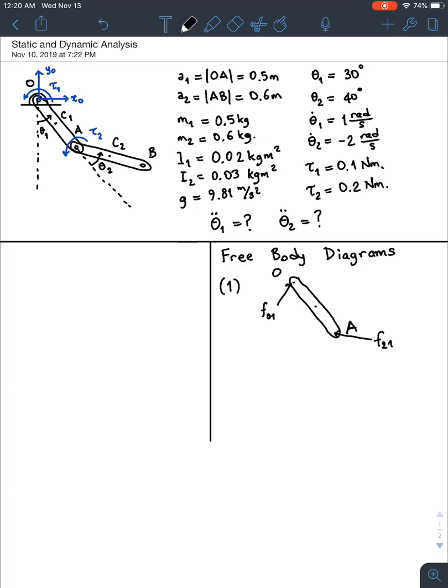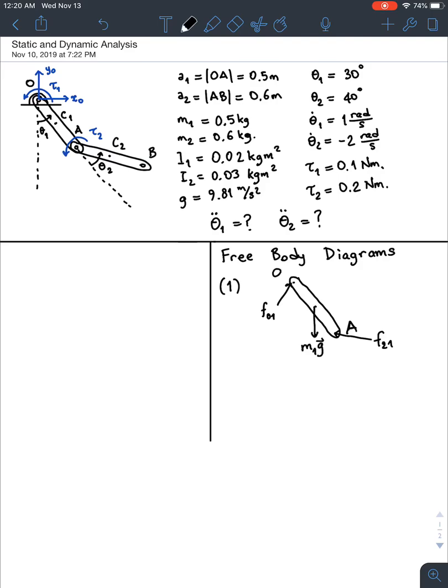There is a gravitational force that acts at the center of mass, and that's M1 times g. And let me put an arrow on top of this g to make sure that this is the actual gravitational acceleration vector, not just the scalar 9.81. Okay.